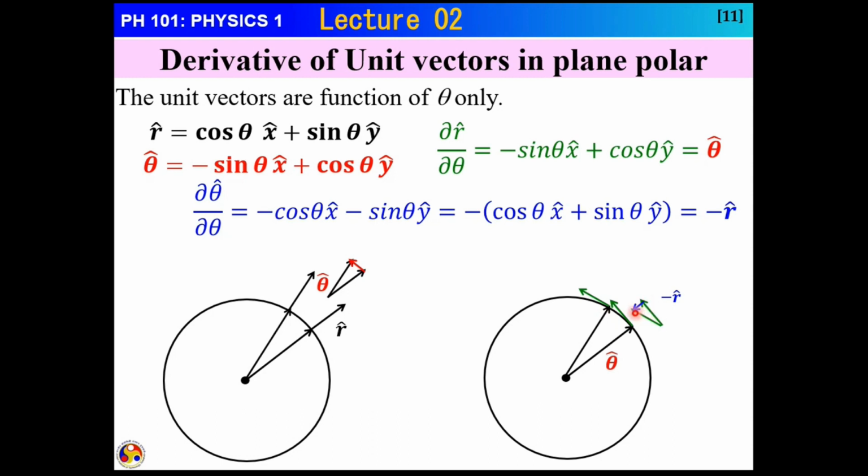The difference will be along this, directed towards the center, while r cap is generally defined along the increasing direction. So this is the pictorial way of explaining this partial differentiation here.